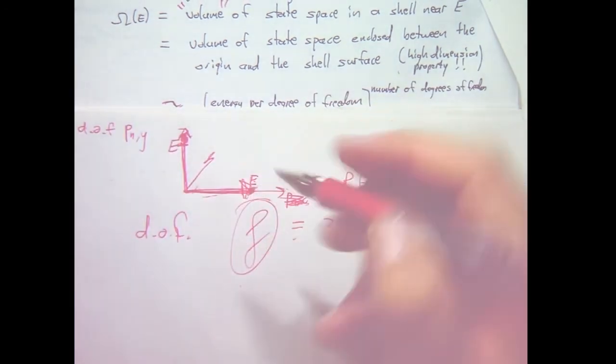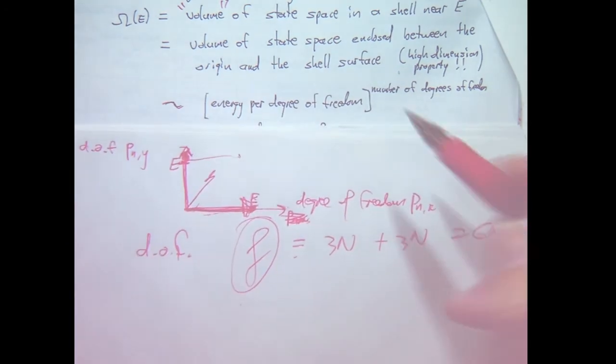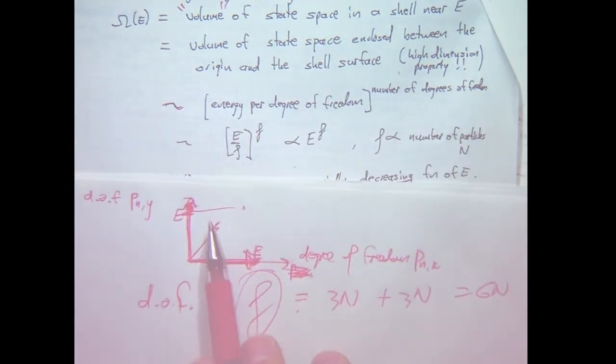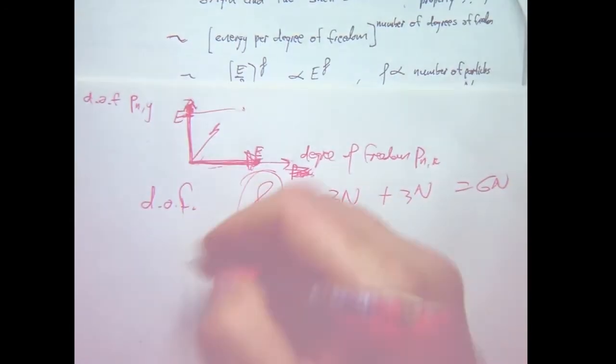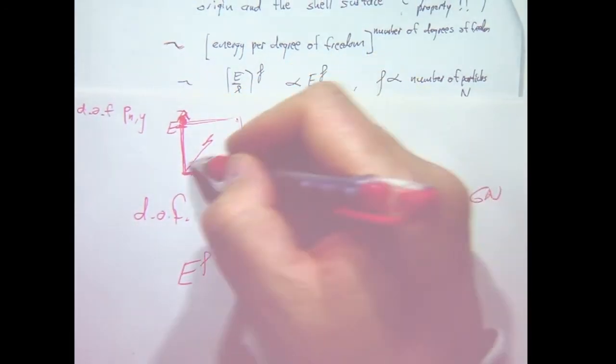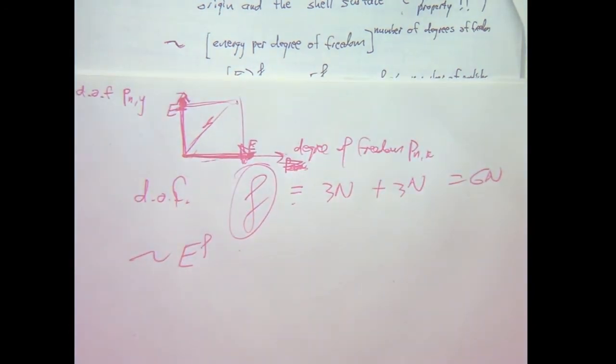So that's E. So the volume, if I want to estimate it, is of the order of E to the power of F. That's basically what I'm saying, E to the power of F. That's a huge number.